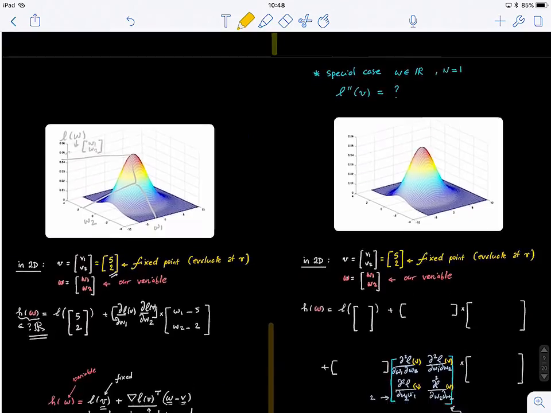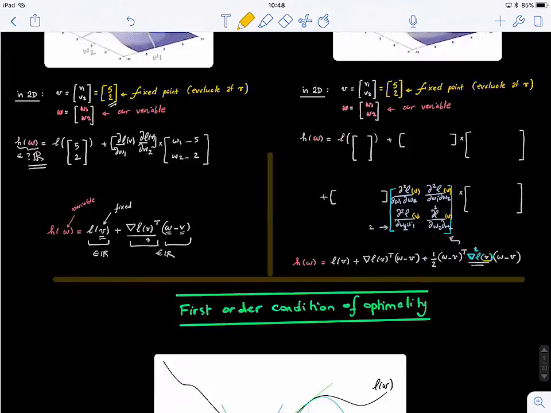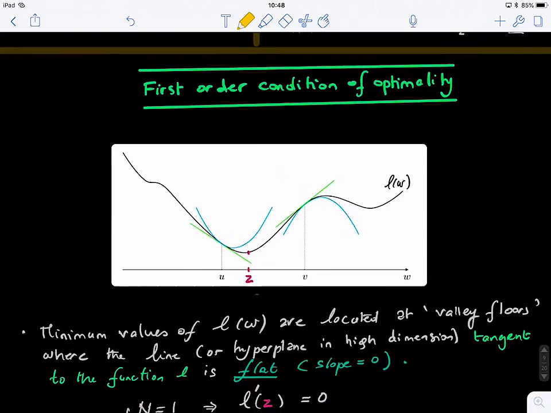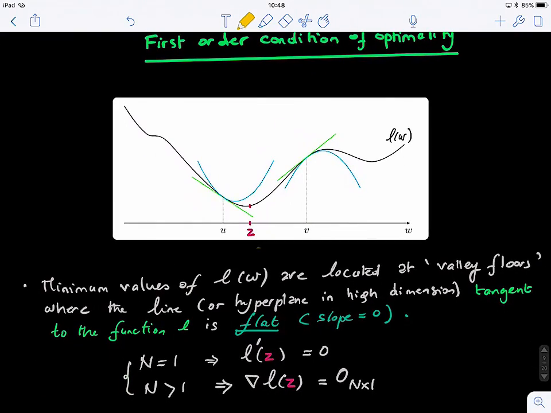Okay, great. Now, there is one important question. You said that to find the minimum, we need to identify the point where the gradient is equal to 0. In one dimension, it means the slope is 0. But when using a multivariate function, the gradient takes 0 in every single direction.